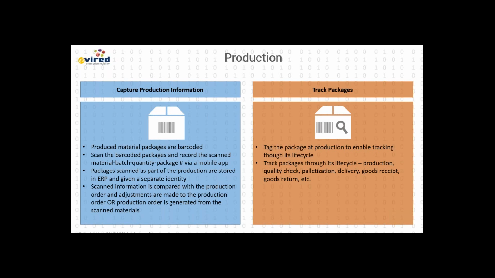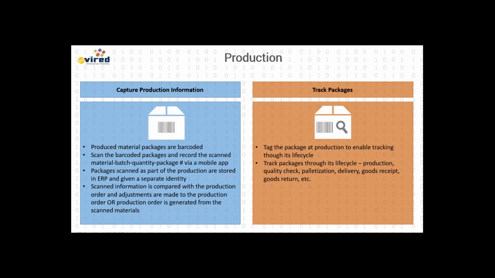If there's a difference, then the production order gets adjusted, because many times the intended production is not actually what gets produced. So at the first step, if all packages are scanned and associated with the production order, it becomes easy to track these packages through its life cycle.